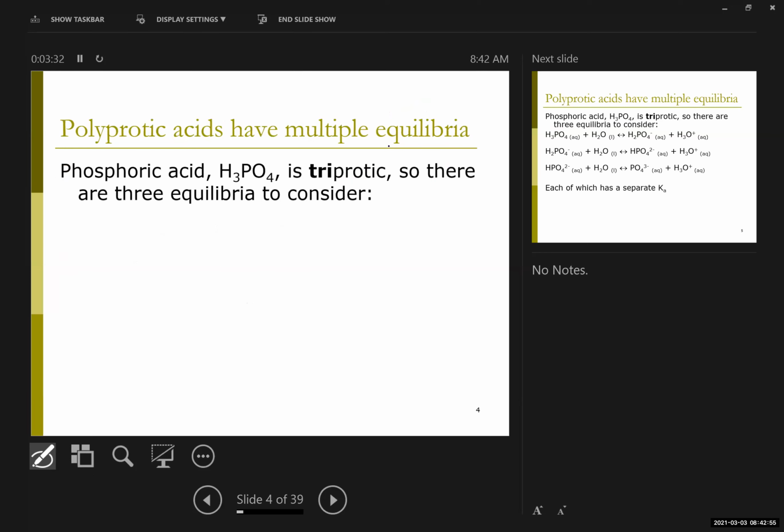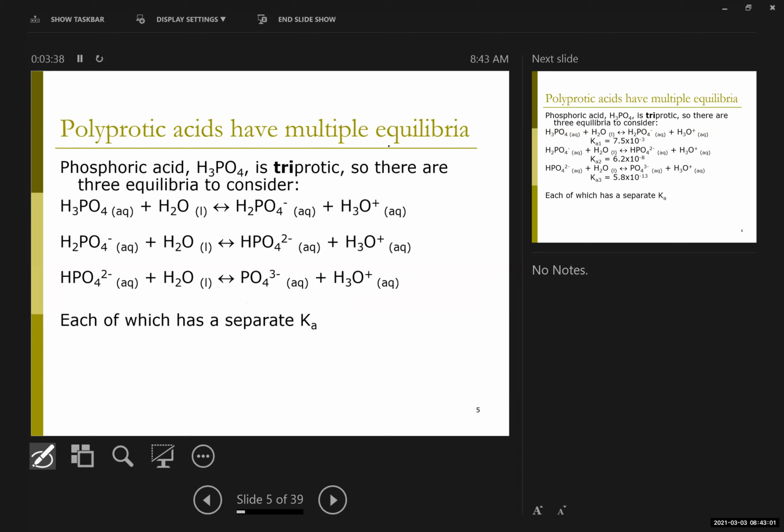So if I look at something like phosphoric acid, where you might be in your room going, holy crap, 3 protons. Well, yes, and therefore 3 Ka reactions. But that's good news, not bad, because if I had one reaction where all 3 came off, my stoichiometry is more complicated.